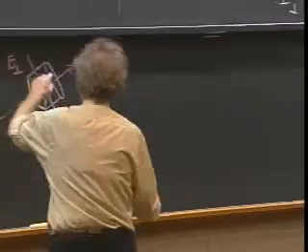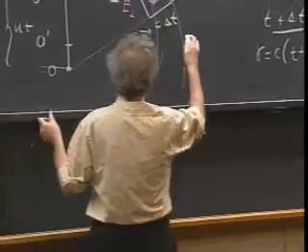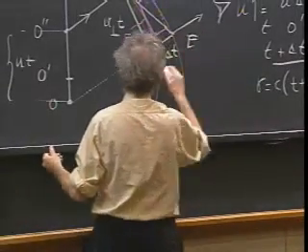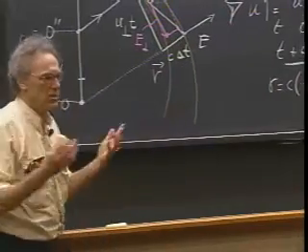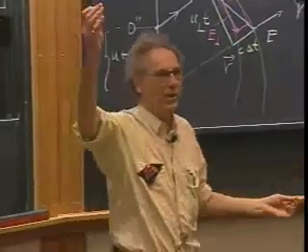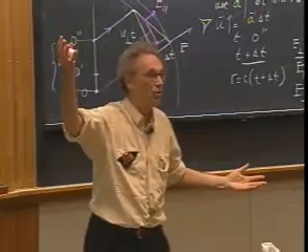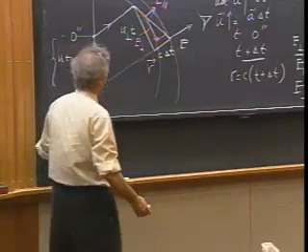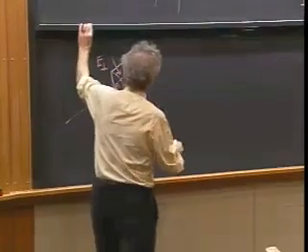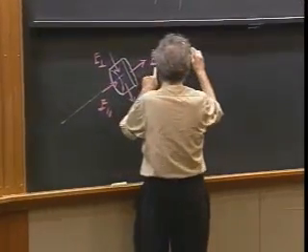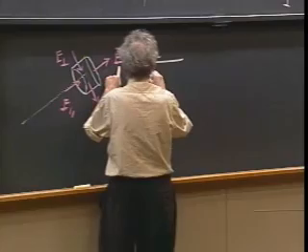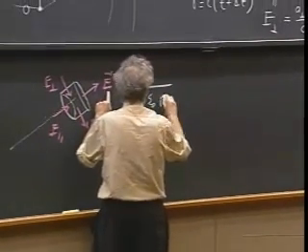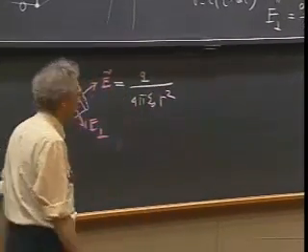But I do know what this E field is. That is 8.02. If someone tells you that I have a charge here, sitting there, what is the electric field at a distance r? That is Coulomb's law. Just as simple, it's not Coulomb's law, it's Gauss's law. But in any case, you will find very easily that this E vector is Q divided by 4 pi epsilon 0 r squared. It falls off as 1 over r squared.